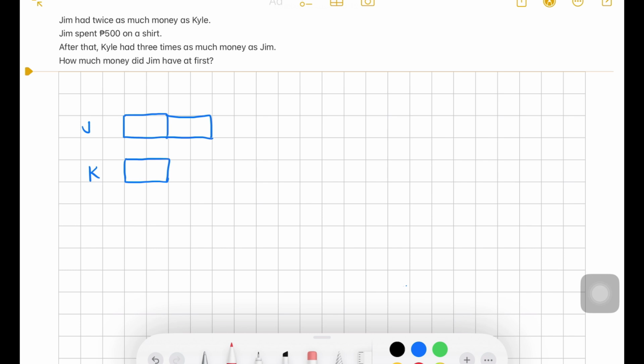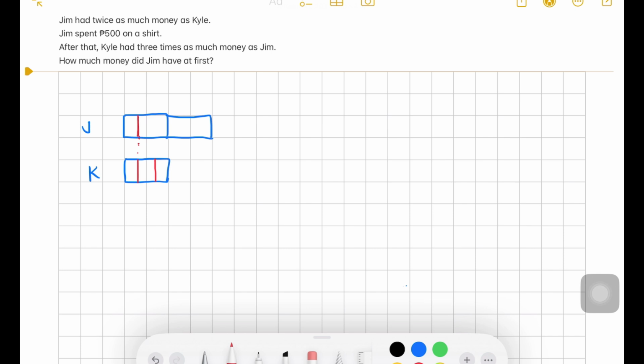If Kyle's money became thrice, so this single bar was split into three. And then to show that this is thrice as much money as Jim, I will have the model for Jim and show the 1 unit there using the red. And of course, the remaining bar for Jim will be the one that he spent.